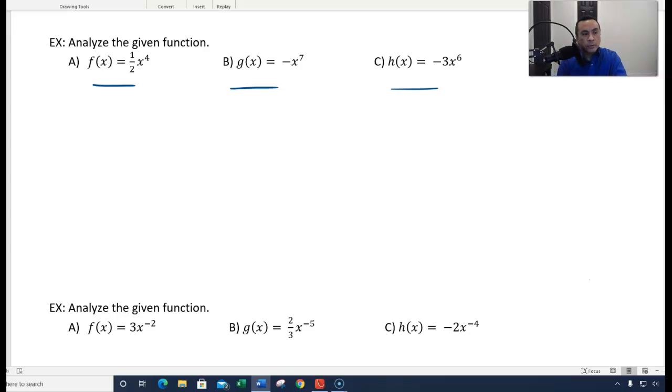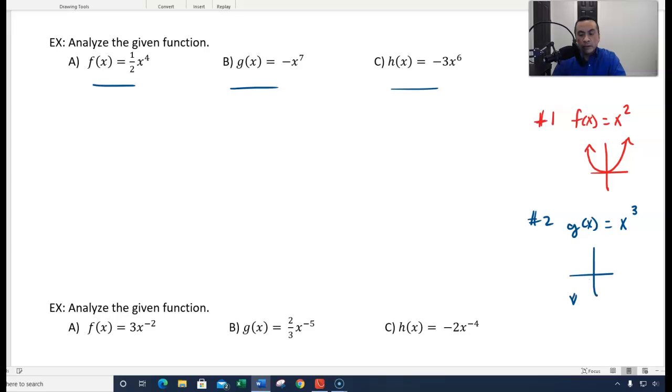For this topic, you just have to remember two basic things. Number one, if you have f of x equals x squared, in other words, an even function, it's going to go like this, okay? And the second thing to remember is that if you have a function like x cubed, one of the most basic ones, then it's going to go like this, okay?